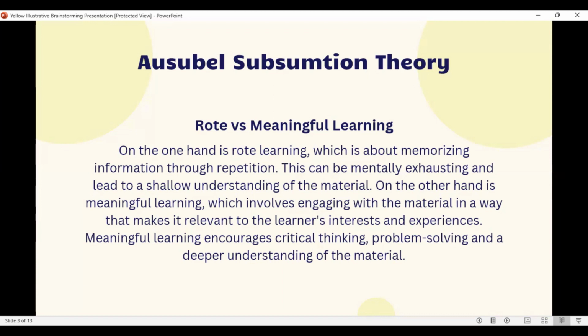On the other hand is meaningful learning, which involves engaging with the material in a way that makes it relevant to the learner's interests and experiences. Meaningful learning encourages critical thinking, problem solving, and deeper understanding of the material. Next.